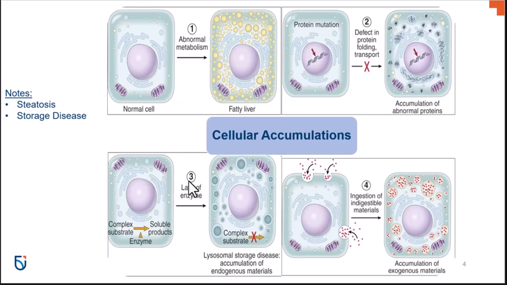If that's missing, then we have this complex substrate that can't break down into its soluble product, and we end up with accumulations of this endogenous substance within the cell. This is referred to as storage disease, more specifically heard of as lysosomal storage disease, and that's written here.